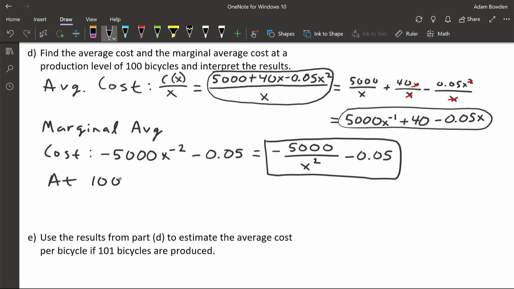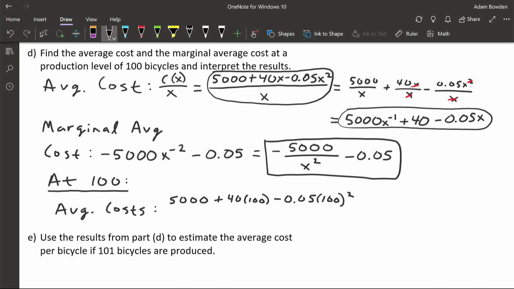So at 100 units, the average cost would be found by doing 5,000 + 40 times 100 - 0.05 times 100 squared, all over 100, which is equal to $85.